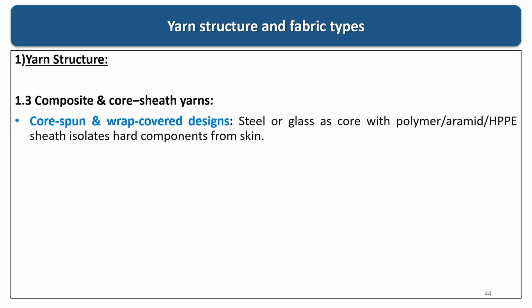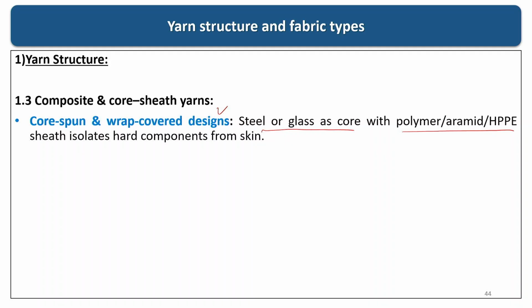Composite core sheath yarns are very commonly used for cut protective textiles. Core spun and wrap covered designs are used. Steel or glass is the core, with polymer, aramid, or HPPE as the sheath, which isolates the hard component.